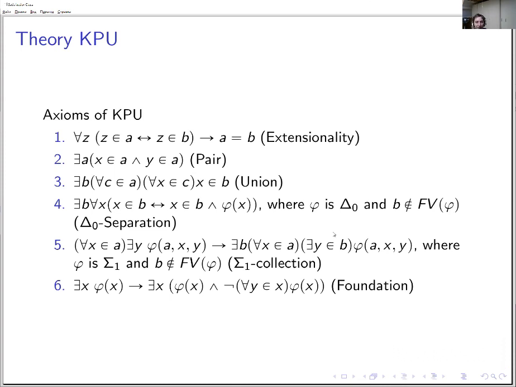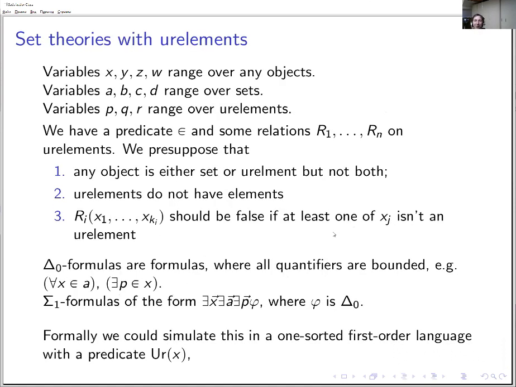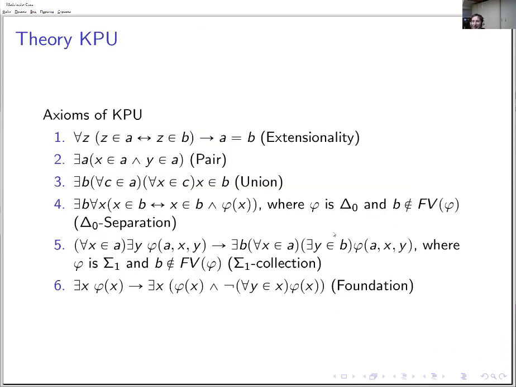Okay, thank you. Basically it's the same theory. If you consider this and this, we have the same axioms. The only thing I have done is that I renamed some variables that before were just x's or y's, ranging over arbitrary objects, to variables that range only over sets.